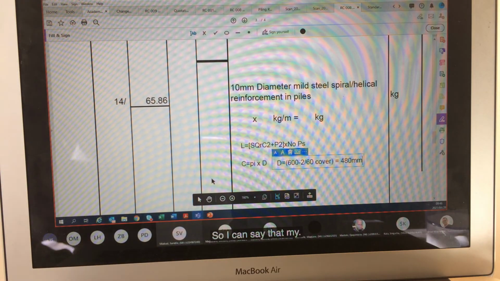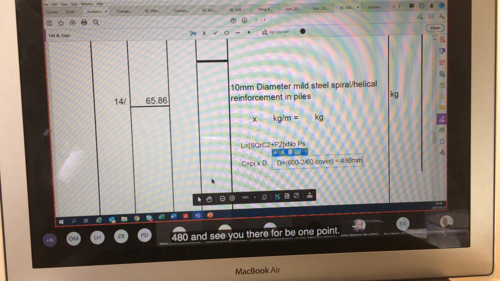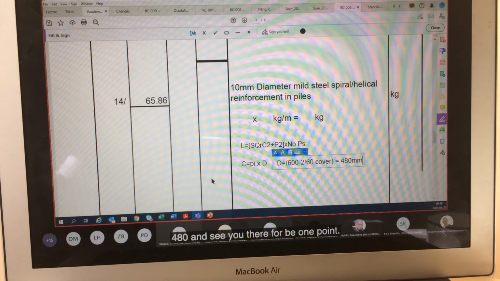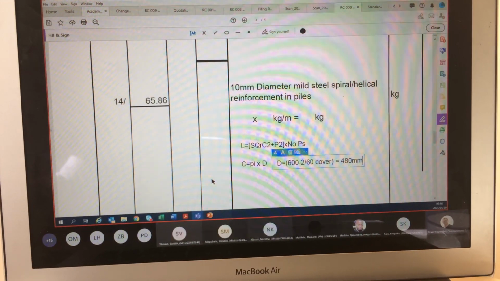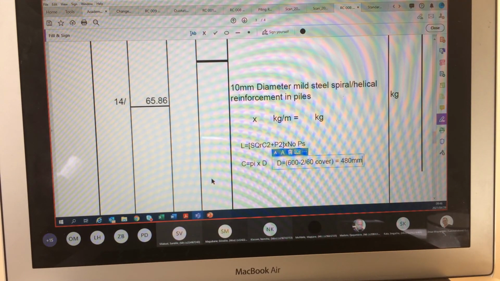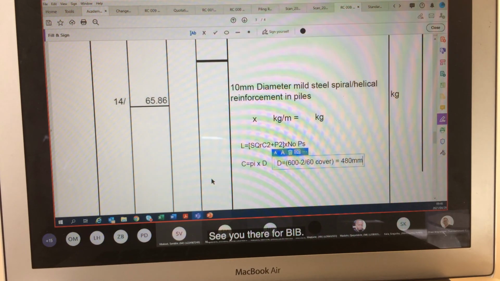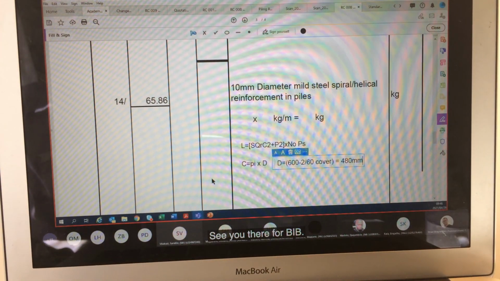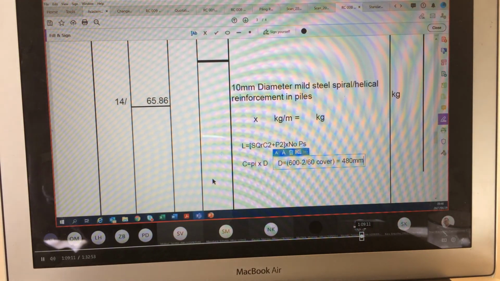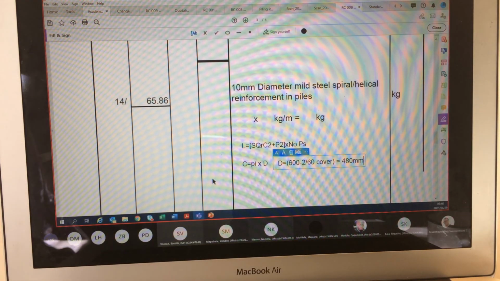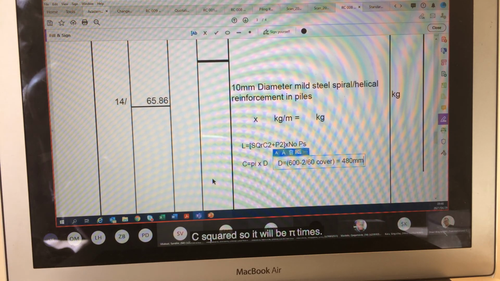So I can say that my 480 and C would therefore be, it'll be C squared, so it'll be pi times my diameter, and the square of that.